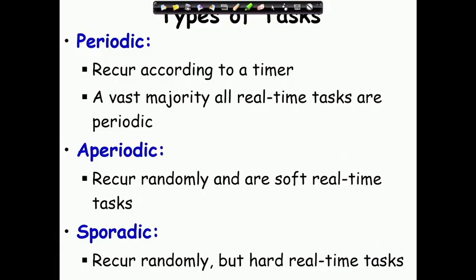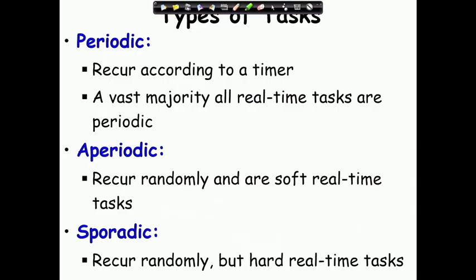We might have aperiodic tasks. The aperiodic tasks recur randomly and are soft real time tasks. For example, let us say an operator gives a command, let us say to increase the temperature or to reduce the rate of chemical reaction.